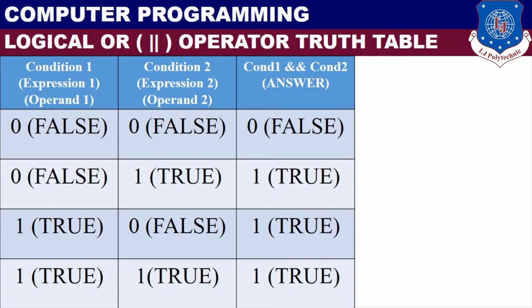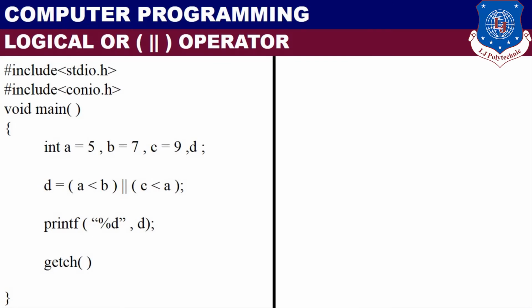Now let's understand this logical OR with the help of a C program. The program is the same as we took in logical AND. We include stdio.h and conio.h. We took 4 different variables a, b, c and d, and we already assigned values to particular variables.